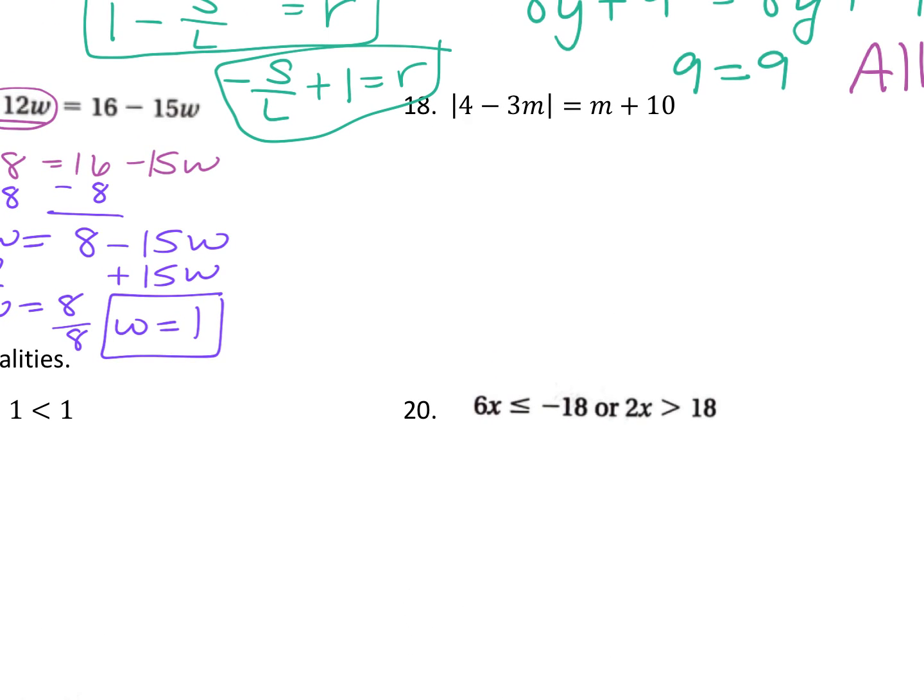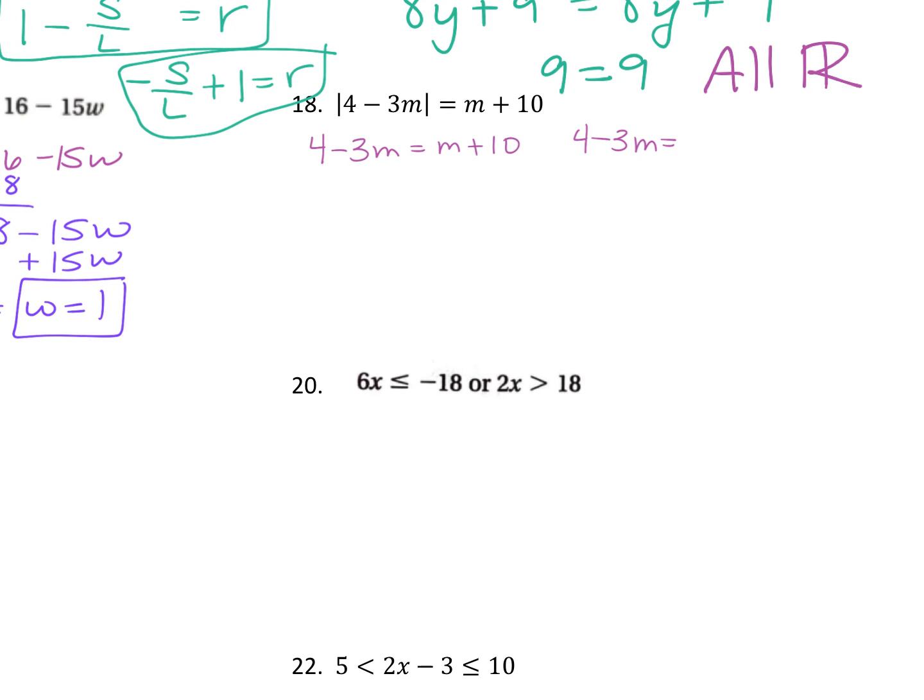18 is like number 12 on your quiz, right? You have absolute value on one side, but you have an expression on the other. What do you do? Always with absolute value, what do you do? Write two, right? So 4 minus 3m equals m plus 10. What's the second one? 4 minus 3m equals negative m minus 10.